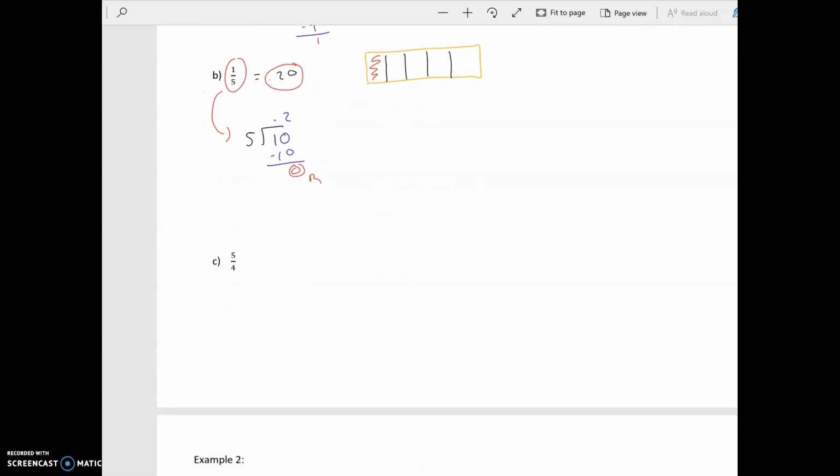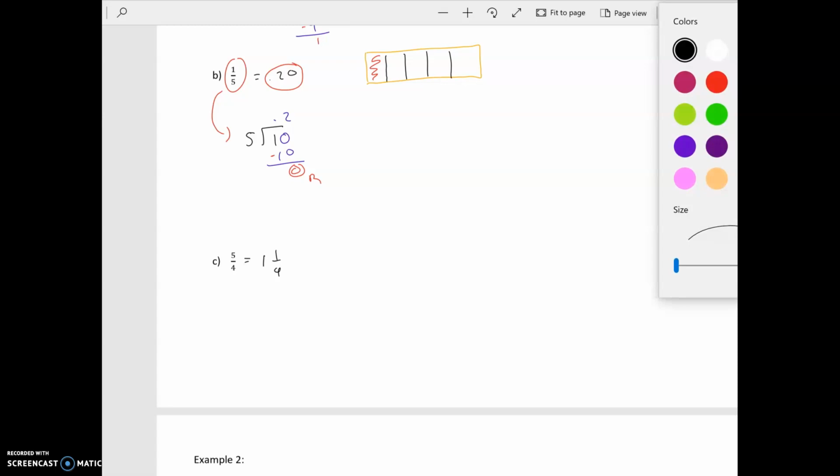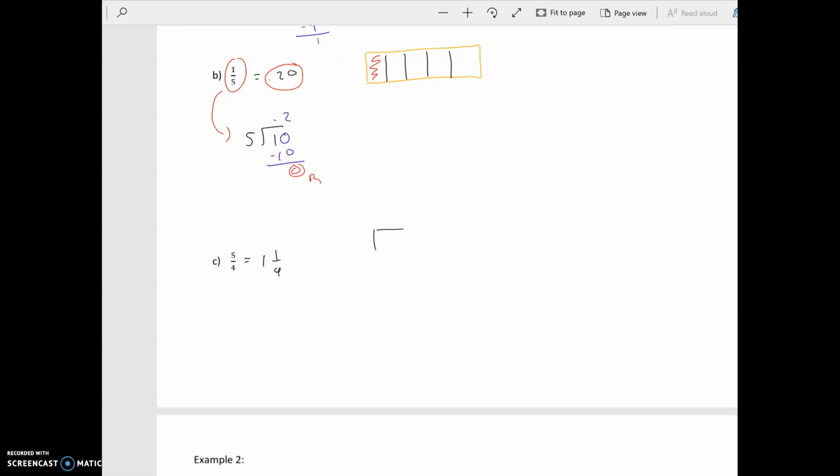Okay, let's go to the next one. Before we carry the division, let me express it as a mixed number. This is going to be 1 and 1/4. As we provide a sketch for this one, this is going to be our integer, and then this is the other portion.